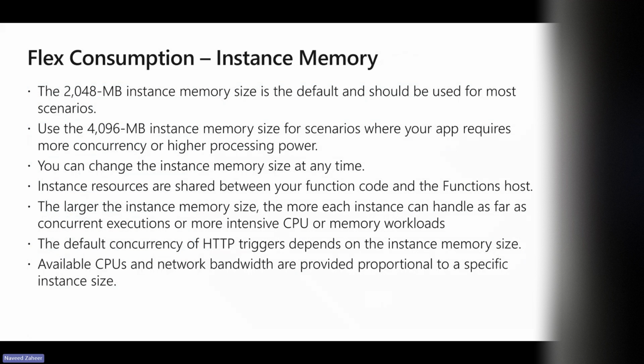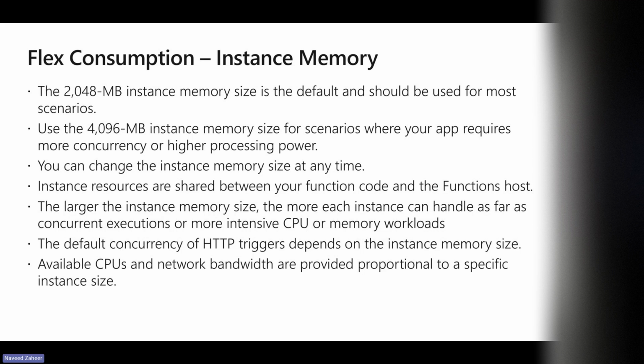And in regards to the instance memory, as I said, there are 2 GB and 4 GB instances. You can change it either at the creation time or at the startup. You can change the default concurrency as well. How many functions should be run per instance?